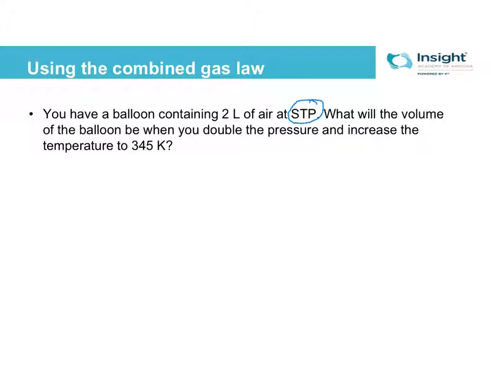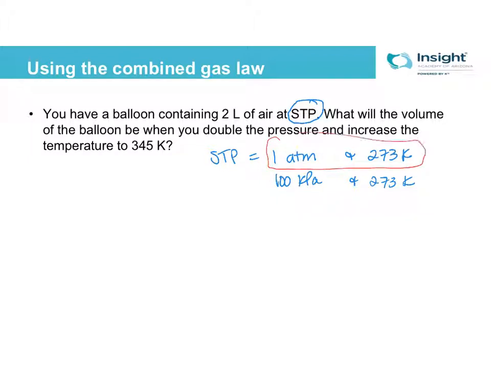You have a couple different ways to remember that. STP is 1 atmosphere and 273 Kelvin, or it's 100 kPa and 273 Kelvin. I like using the 1 atmosphere one just because 1, when you throw it into an equation, doesn't usually do much, so it makes my math easier.